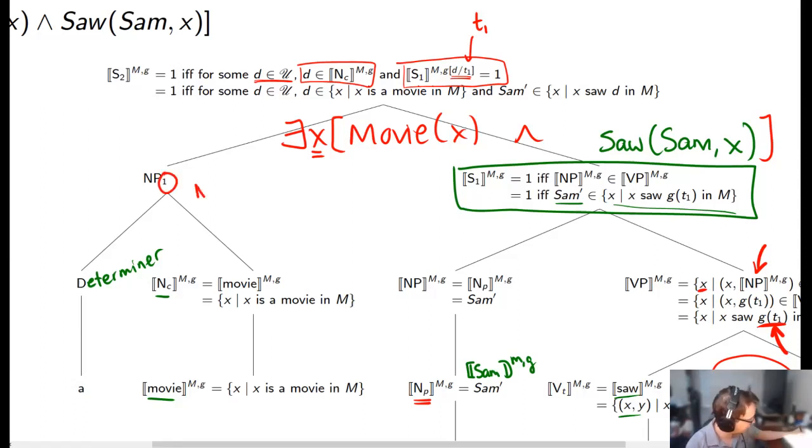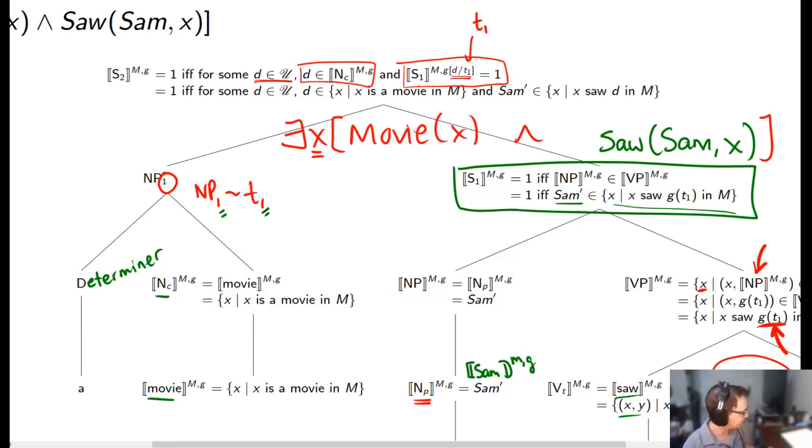So because we're connecting NP1, this means that we're going to bind T1. If we were to do NP2, then we would bind T2. So the NP that we're dealing with is telling us which trace we're going to bind.